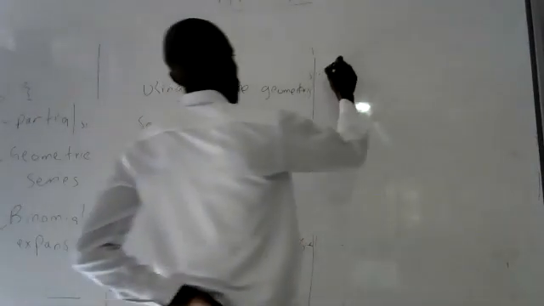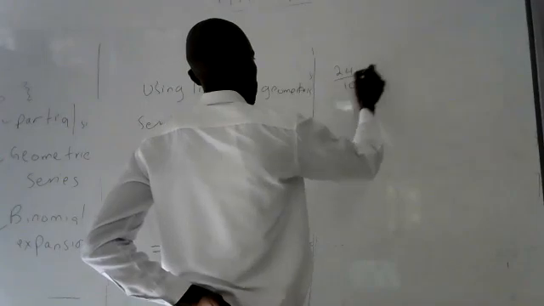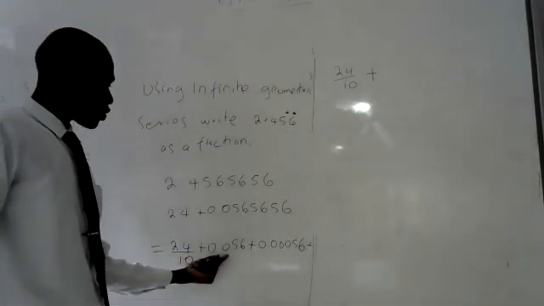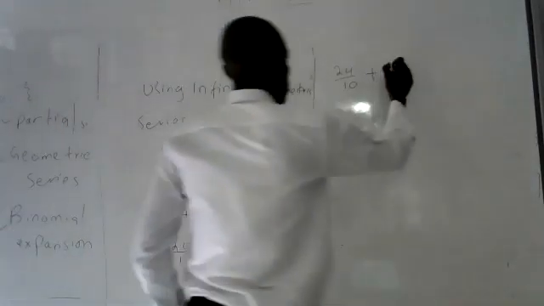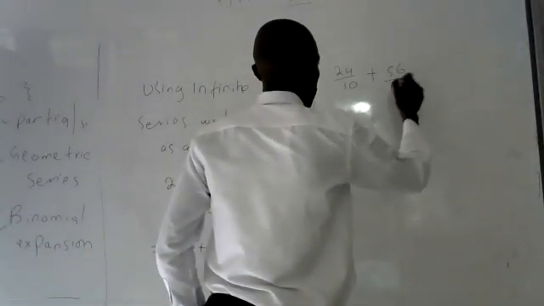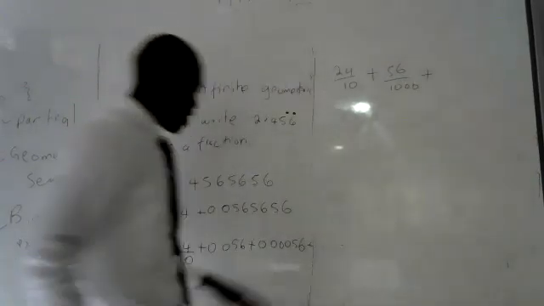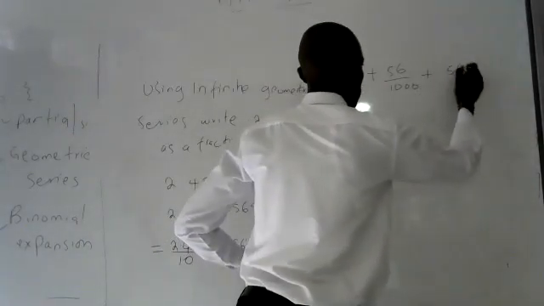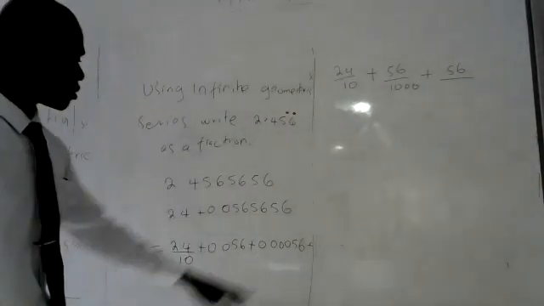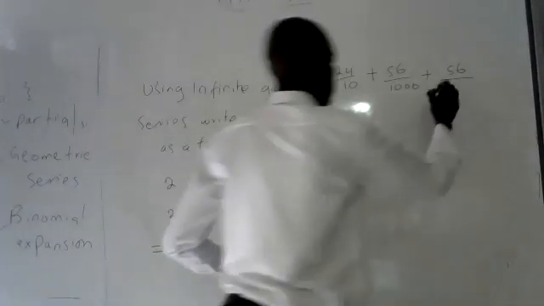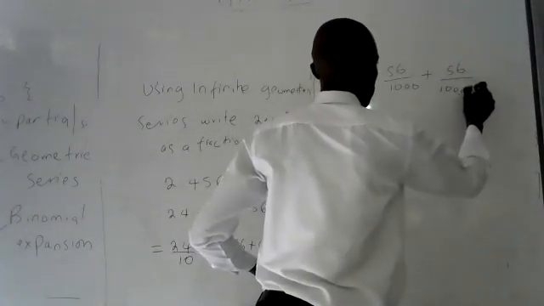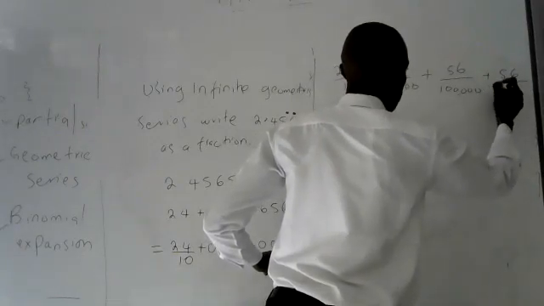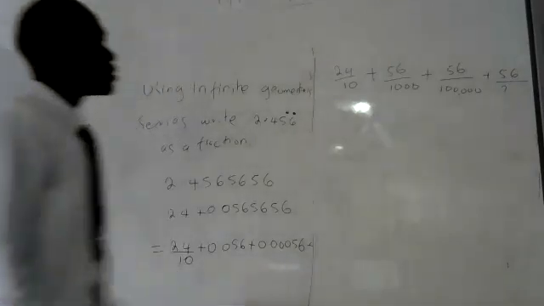So we have 24 divided by 10 plus, what is this as a fraction? 0.056 is 56 over 1,000, plus, how about the second one here? 56 over 100,000. Again, you'll get a 56 over something. You don't know, but we're not interested in that.